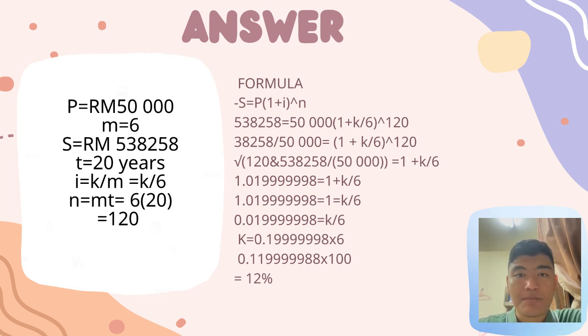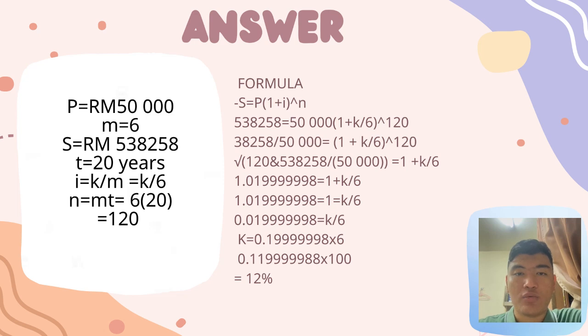Now the second step, we use the 120th root. So the 120th root of 538,258 over 5,000 equals 1 plus k over 6. The bracket, we eliminate that.